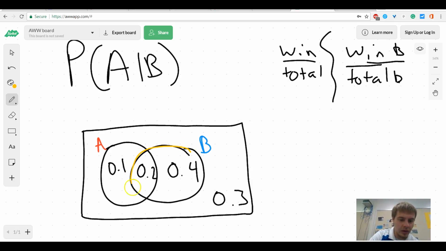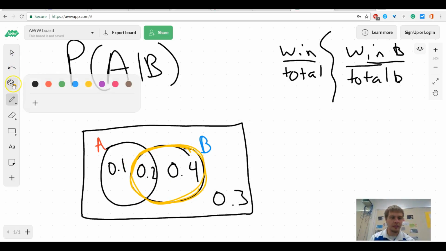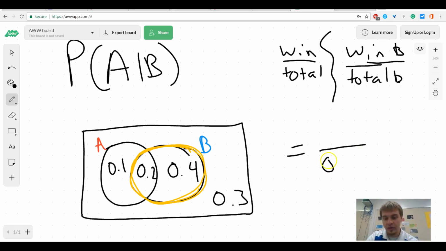So we're really only going to look at this portion right here. And so when I'm looking for this probability, my total now, instead of being everything, is only going to be 0.6, because that's everything in this circle. And then when I look at my chances of getting A, I'm not going to include this portion of A because it's not in my circle or in my focus.